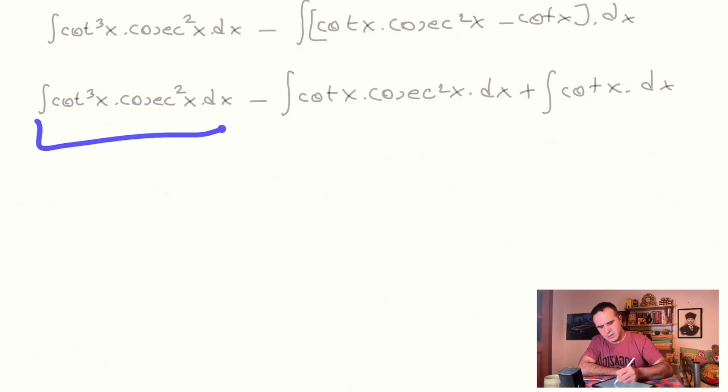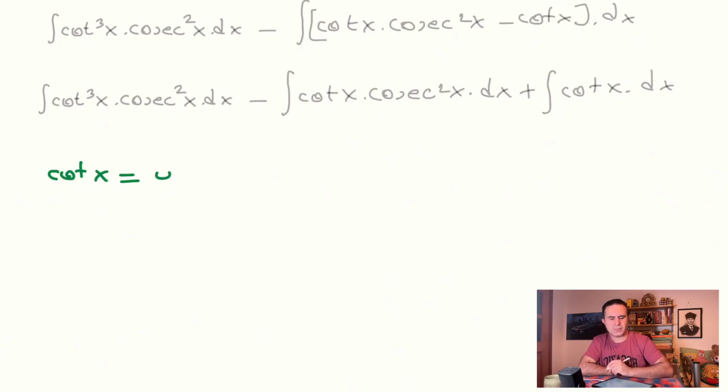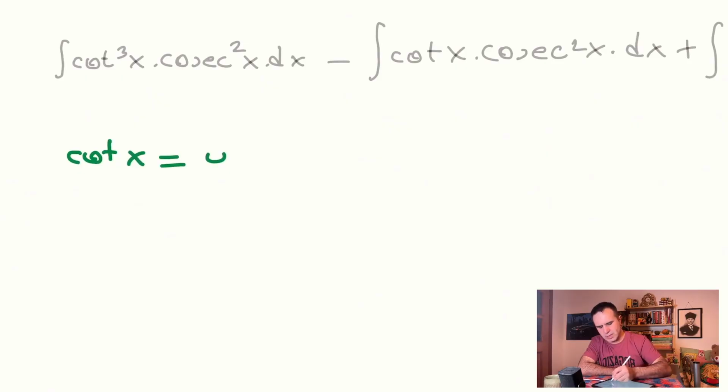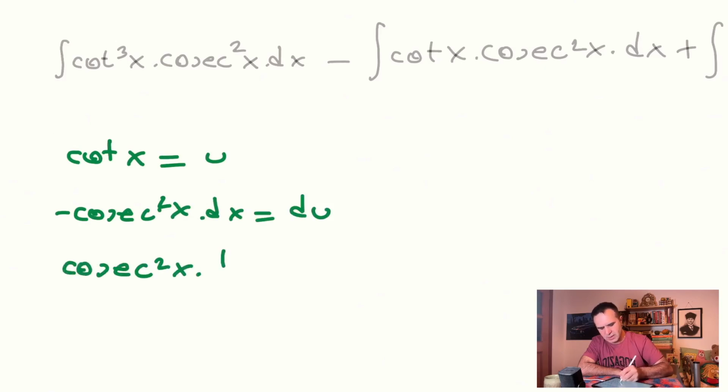For this integral, let's say cotangent x is equal to u. Taking the derivative of both sides, minus cosecant square of x dx is equal to du. This means that cosecant square of x dx is equal to minus du.